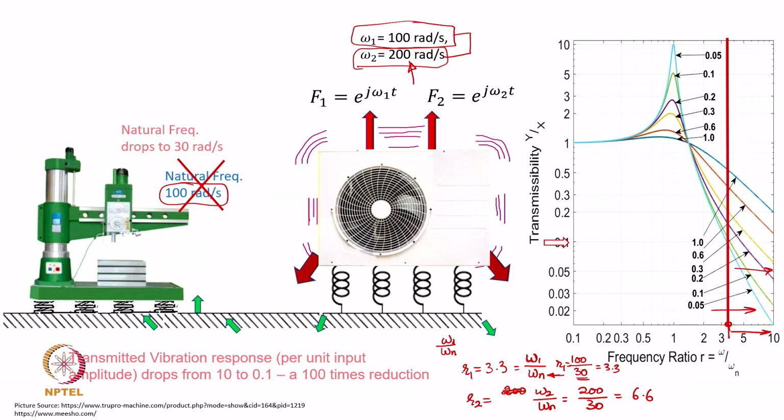So, when you have multiple such excitation frequencies in the same system, the moment you design the isolation system for the lowest excitation frequency, you take care of the rest of them, the higher ones.